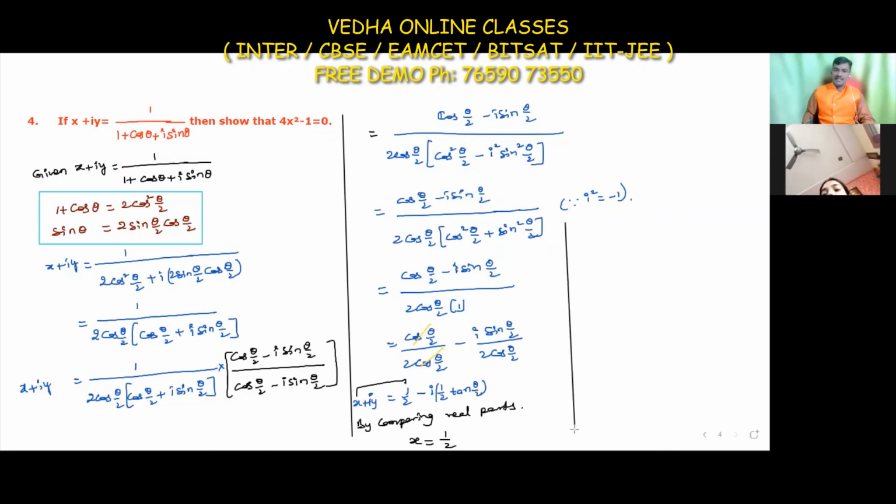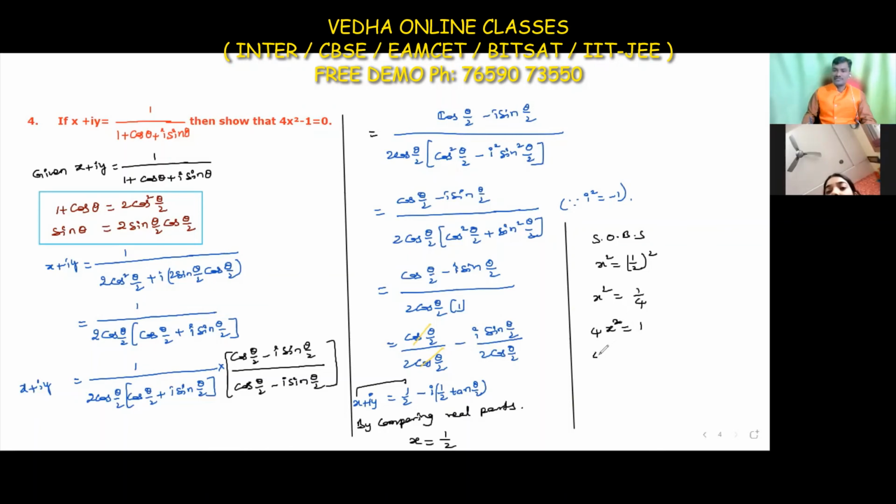Now squaring on both sides, x square is equal to (1 by 2) whole square, so x square is equal to 1 by 4. Take the 4 to this side: it was dividing, so on this side it multiplies. 4x square is equal to 1.